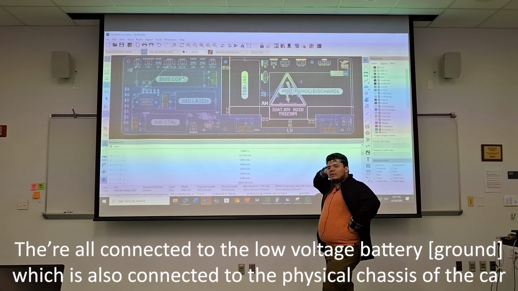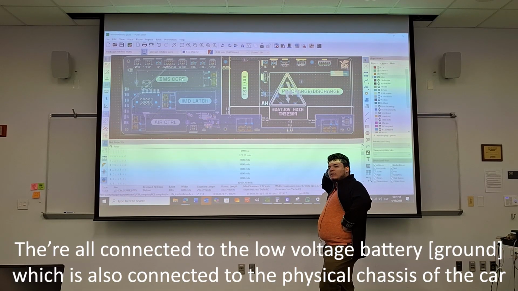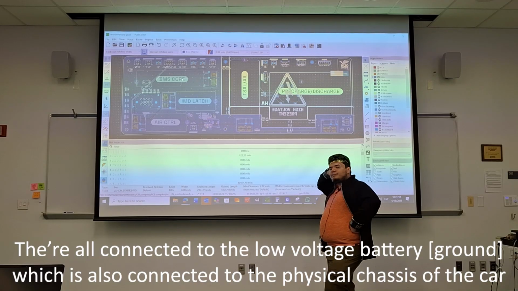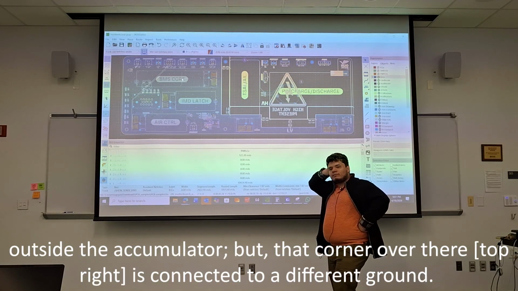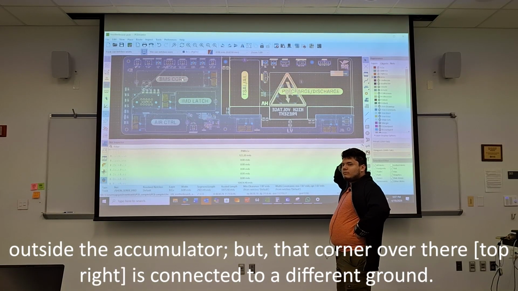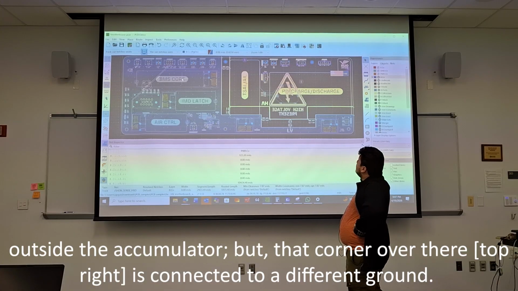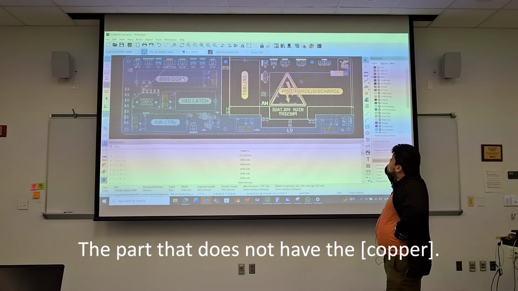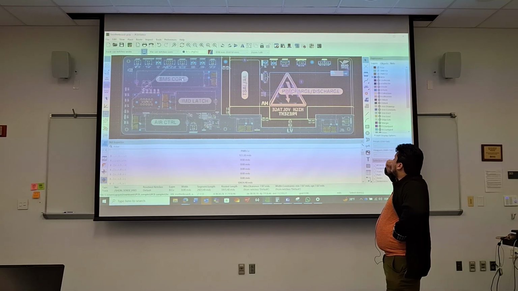They're all connected to the low voltage battery, which is also connected to the physical chassis of the car, outside the accumulator. But that corner over there, that's connected to a different ground. The part that doesn't have the copper. Yeah. I'm just thinking you might need that other reference.